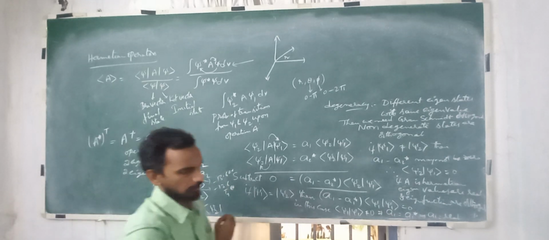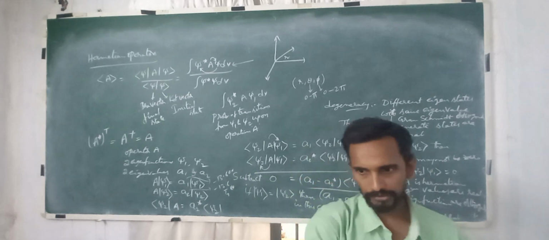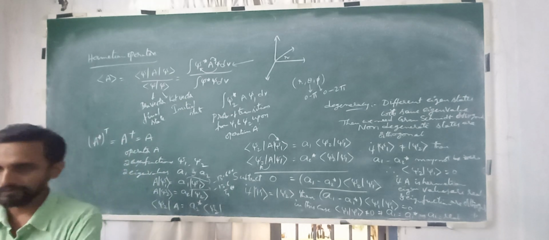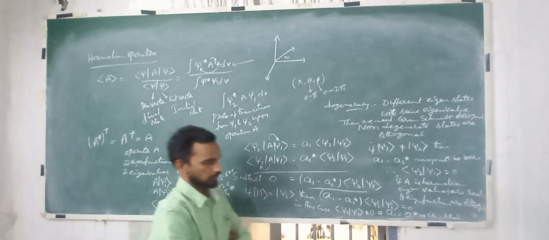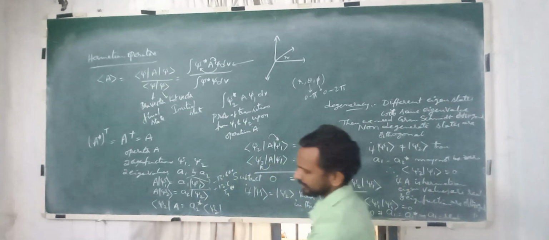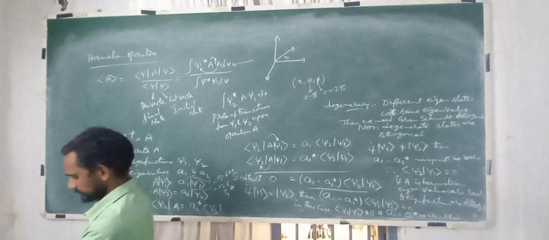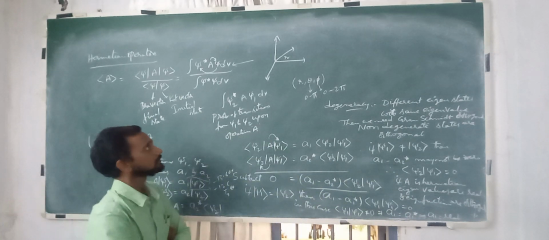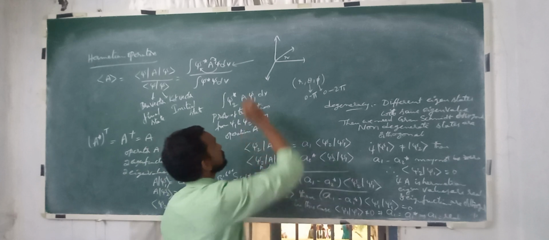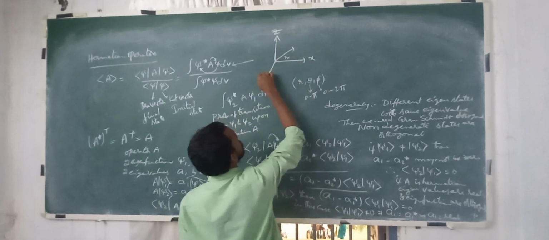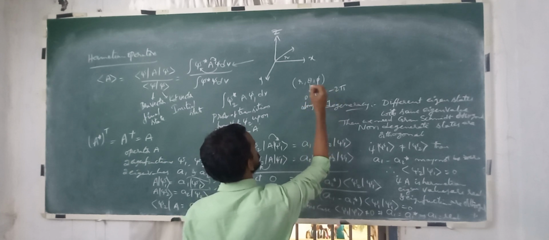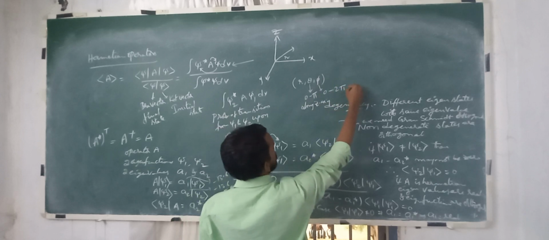So 3 dimensions లో హైడ్రోజన్ ఆటమ్ లాంటి వాటి గురించి మాట్లాడేటప్పుడు the location of electron is represented by 3 coordinates r, theta and phi. r అనేది రేడియల్ డిస్టెన్స్, theta is along z axis, phi is in xy plane.